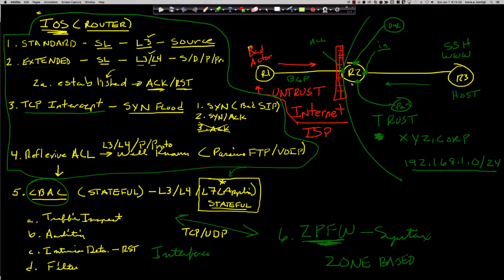Or what if I add another interface here that's supposed to be in the same zone as these guys with router 3? It's supposed to be in the prod zone. You can see the problem: the interface-based approach, which is what CBAC is, and this was the catalyst behind zone-based policy firewall, didn't really scale all too well.